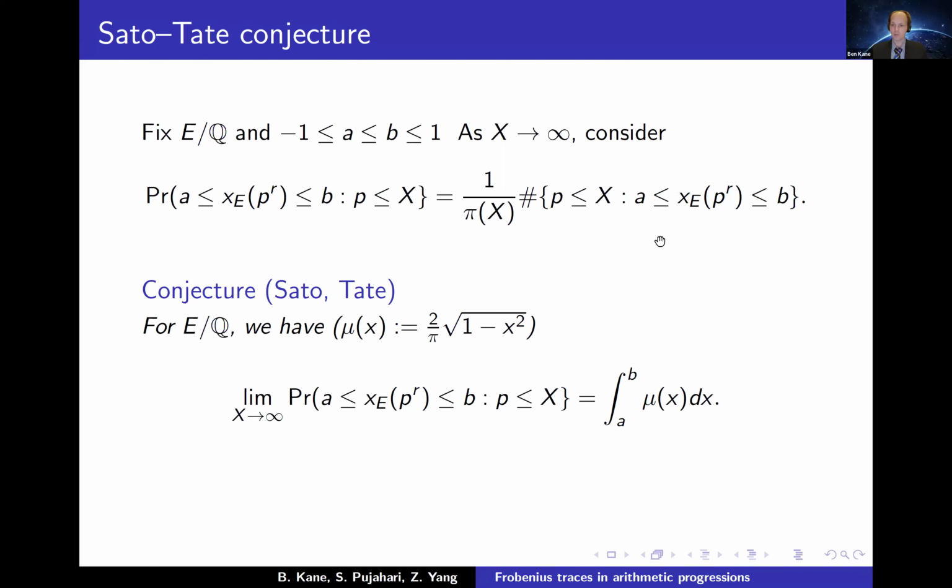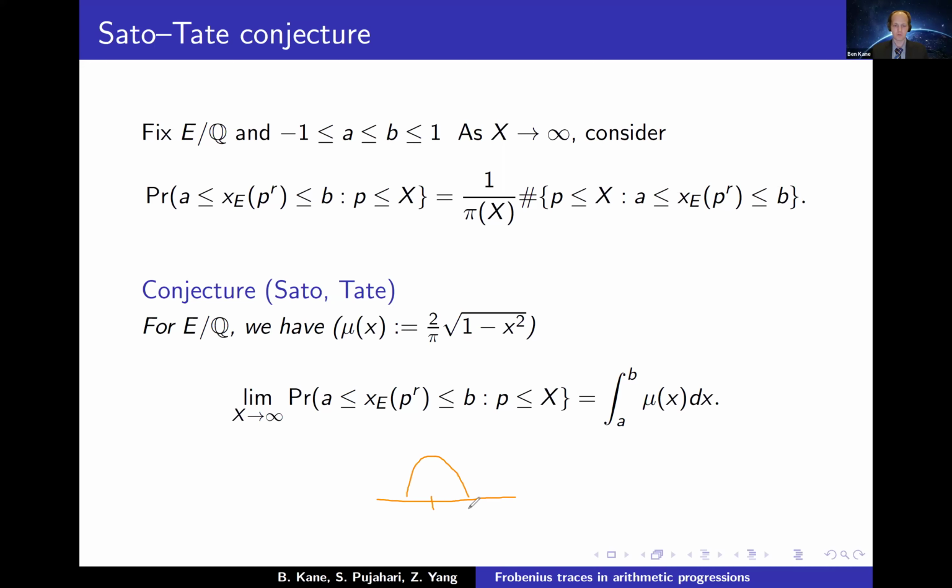And what was conjectured by Sato and Tate independently is that this probability, as x goes to infinity, converges to a continuous distribution that is an integral from a to b of this particular measure, which looks something like a semicircle.